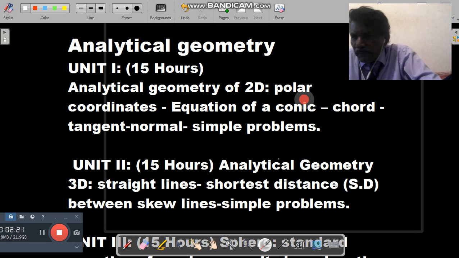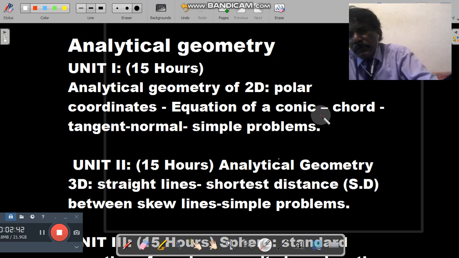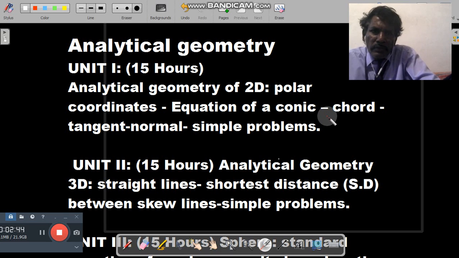There are 2 types of coordinates: polar coordinates and Cartesian coordinates. Polar coordinates involve only r and theta, the angle and the distance of the point. So in polar coordinates, what's the equation of a conic? We are going to discuss that.